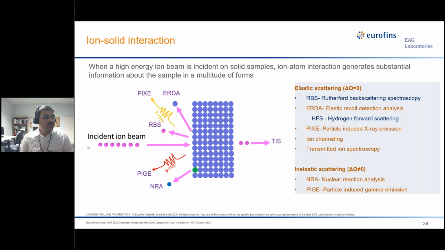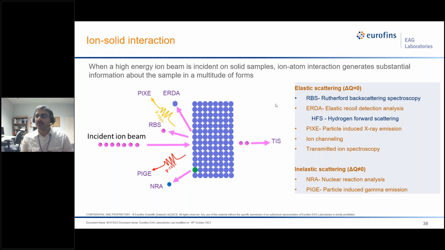When a high energy ion beam enters a solid or a material, a lot of things happen. The ion solid interaction generates substantial information about the sample in various forms. Here, the ions are scattered back and X-rays are generated, the material atoms are recoiled off, and gamma rays and nuclear reaction products are generated.